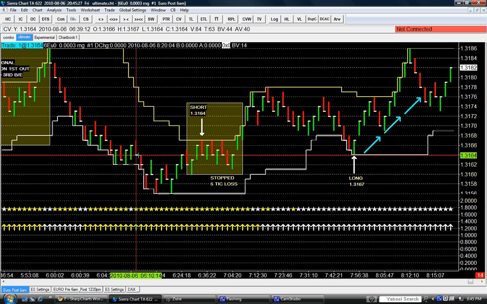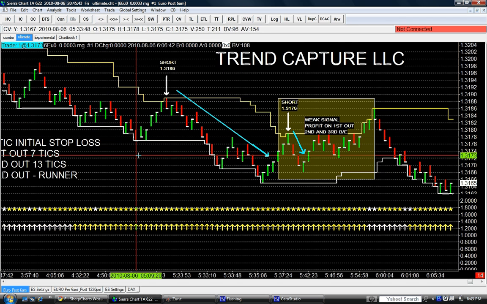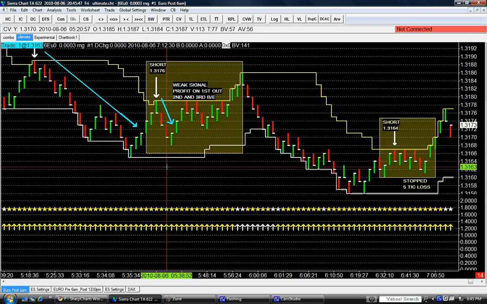So 14 wins and 2 losses is pretty darn good. And it's one of the reasons that we like to trade the euro also, because there's a lot of movement, and the system seems to do very well with it.